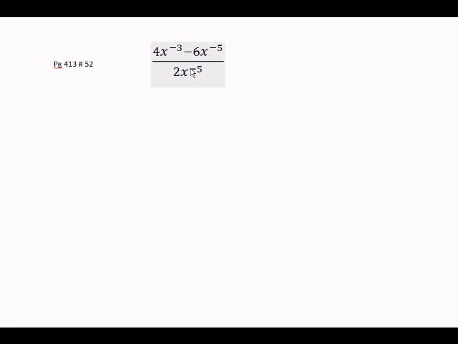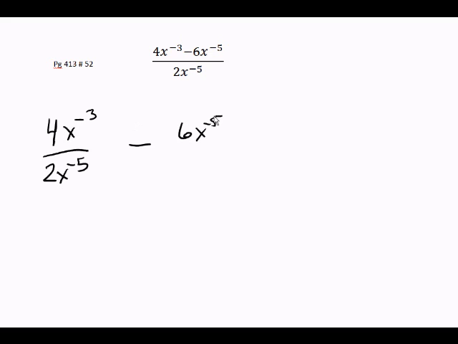Okay, so this one is a little trickier. For this one, you have to know, I have 2 terms on top and 1 term on the bottom. When you're dividing 2 terms on top and 1 on the bottom, you can do it twice.